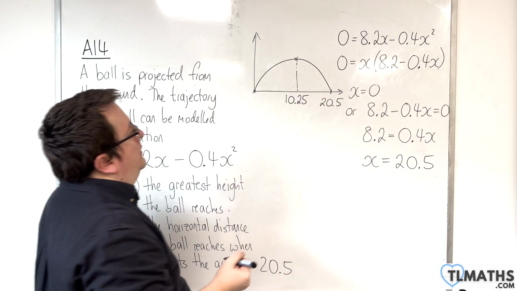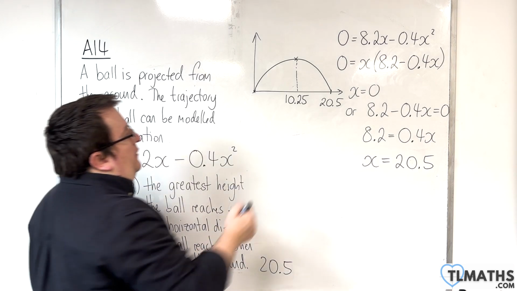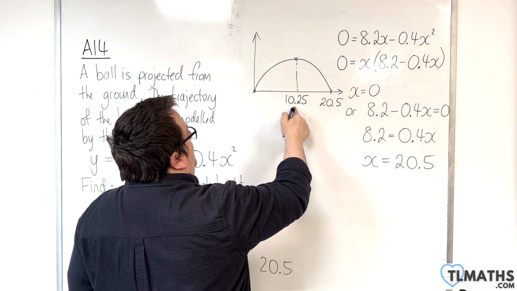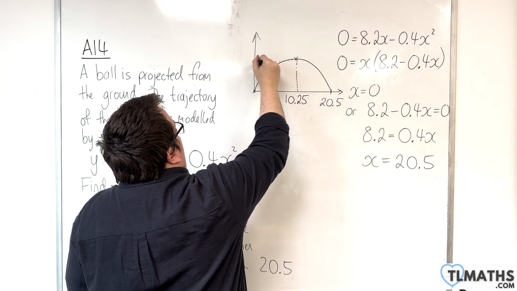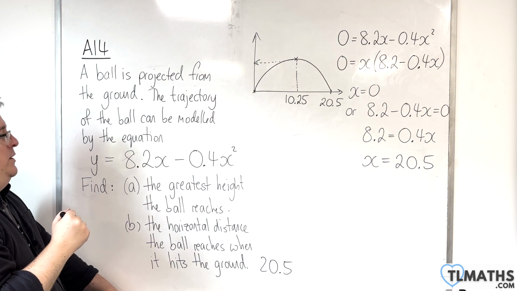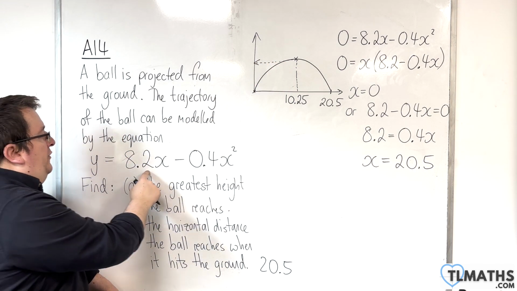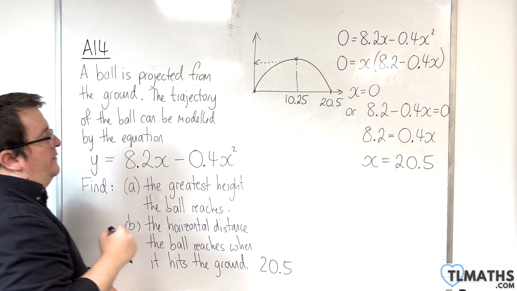So what I need to do is substitute 10.25 into the equation of the parabola, and then I can read off the value on the y-axis. So substitute 10.25 into this.